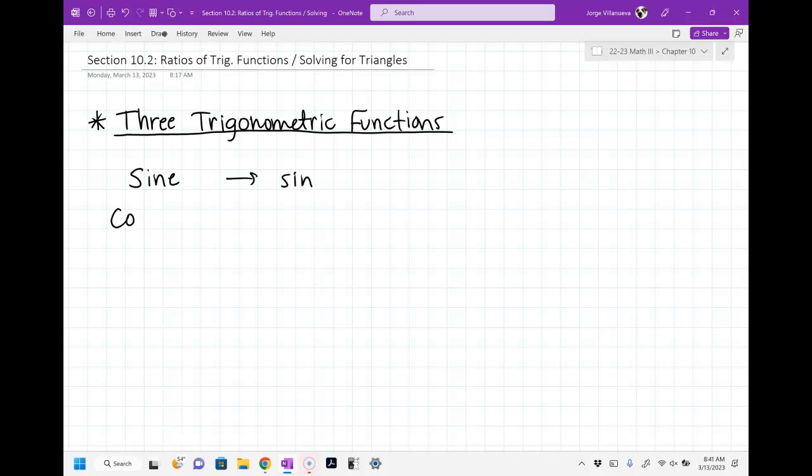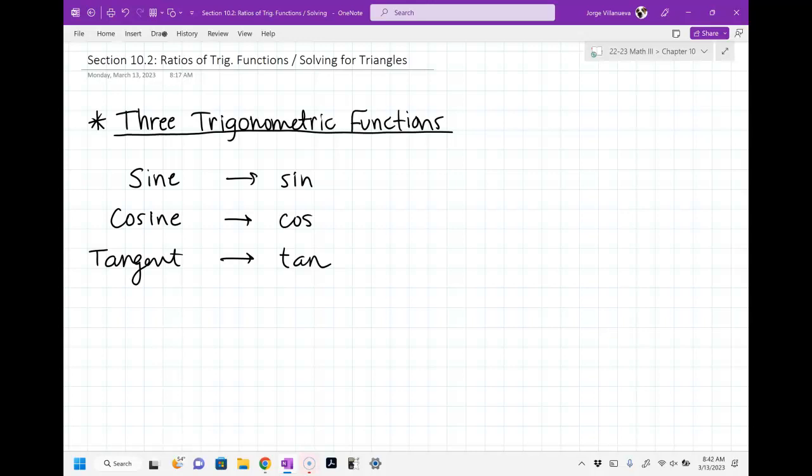We have the cosine function, abbreviated as cos. And then we have the tangent function, which they'll write as tan.